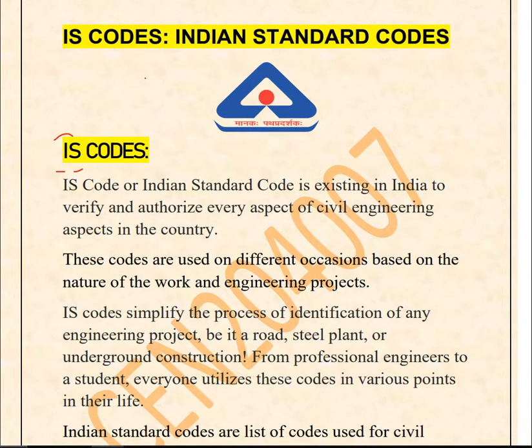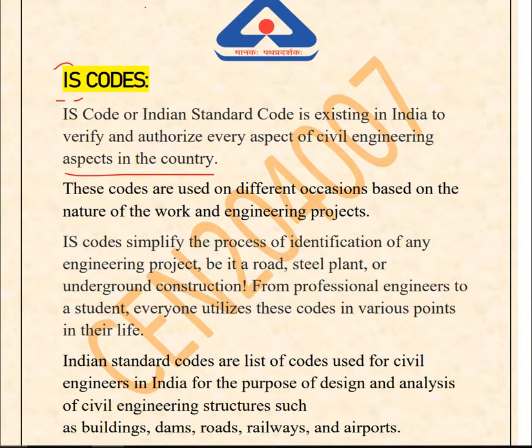So IS code, or Indian Standard Code, exists in India to verify and authorize every aspect of civil engineering in our country. These codes are used on different occasions based on the nature of the work and engineering projects.